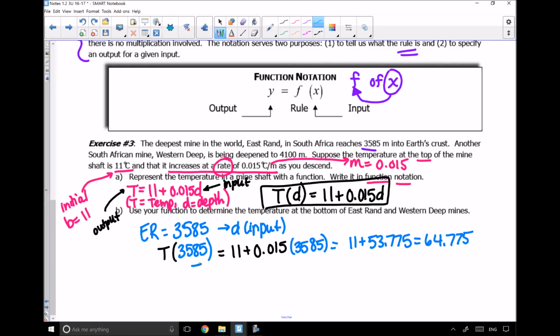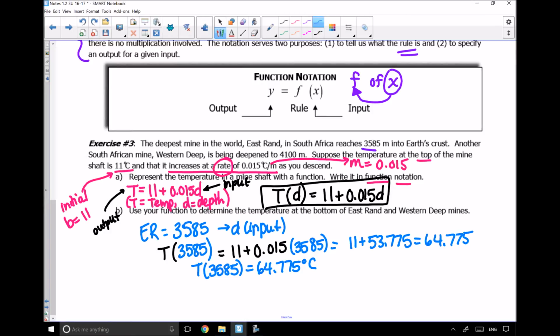So that means that T of 3,585 is equal to 64.775 degrees Celsius. Now, what is this telling me? Pretty much it's just saying that when my input has a depth of 3,585, I end up getting a temperature of 64.775 degrees Celsius.